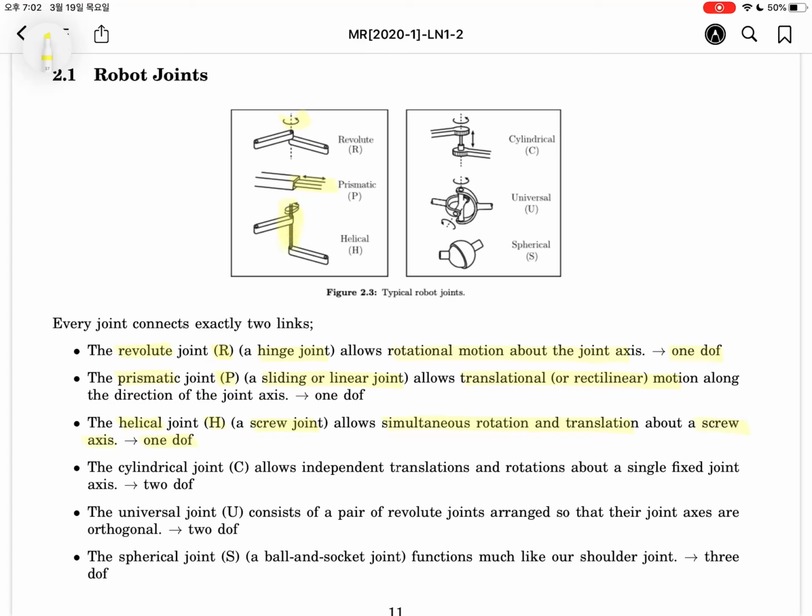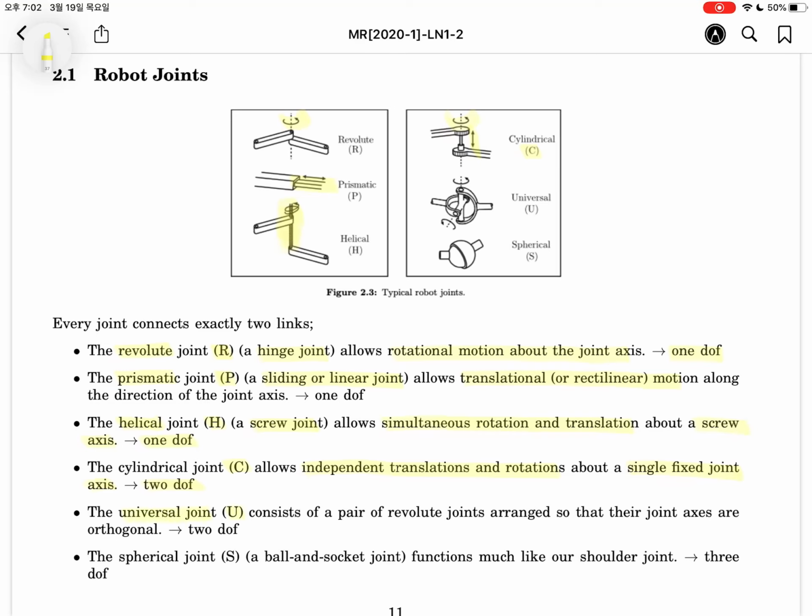Like this, the rotating motion generates a linear motion downward or upward. The cylindrical joint, denoted by C, allows independent translation and rotation about a single fixed joint axis. It has 2 degrees of freedom. Rotation is possible, and translation is independently possible.